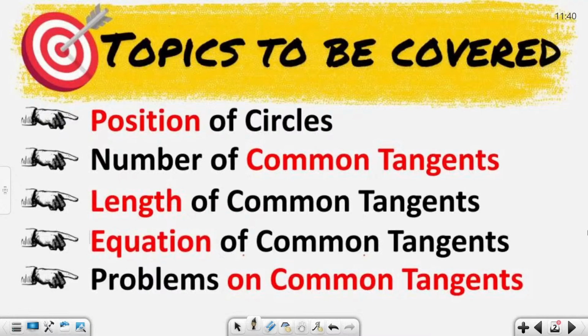Moreover, we will do the length of the common tangents, as well as learn how to find the equation of common tangents. And definitely problems on common tangents will be there. Okay, so let us start our class now.